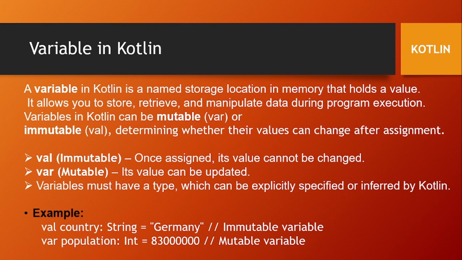As we can see here in the definition, the val keyword is immutable, once assigned it cannot be changed, and the var keyword is mutable, its value can be updated.